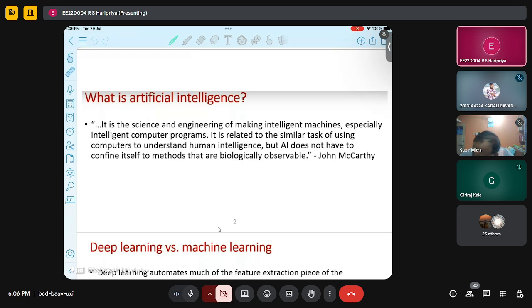The next is the retail clothing scenario, where just standing in front of the mirror you can try different varieties of clothes. So what is artificial intelligence?